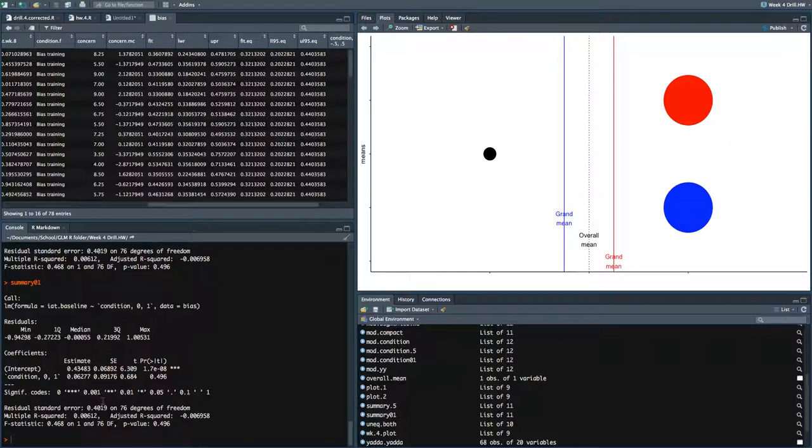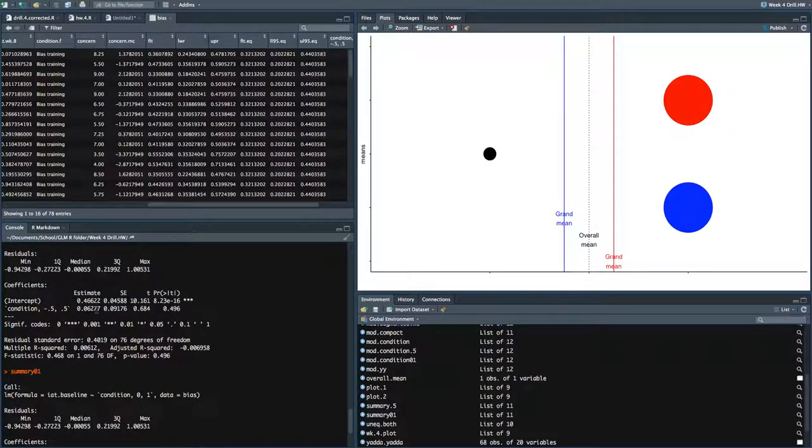All those are different coding schemes that help us answer different questions. So ultimately, the coding scheme that you use will depend on the question you're trying to answer, and the interpretation of these regression outputs depends on the coding scheme that you use.